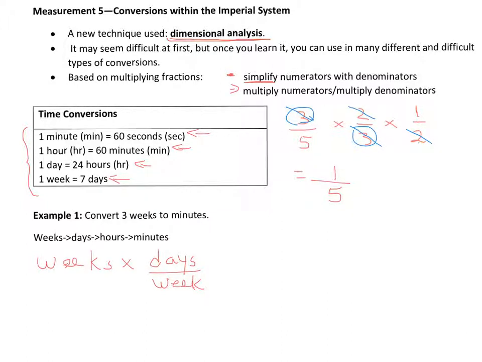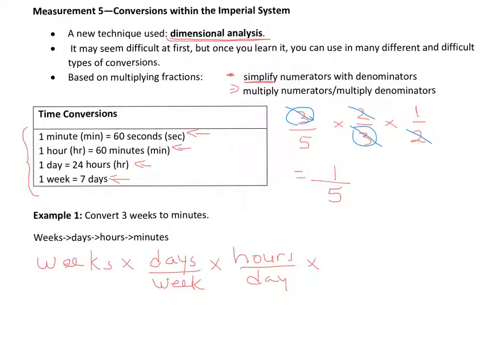And notice that now I have a week in the numerator and a week in the denominator, so those are going to cancel out. And then I'm not satisfied with days, so I'm going to multiply by how many hours there are per day. And notice now I have days in the numerator and the denominator, so they're going to cancel out.